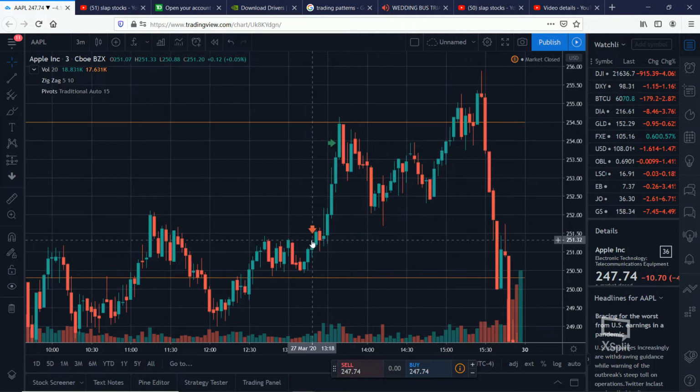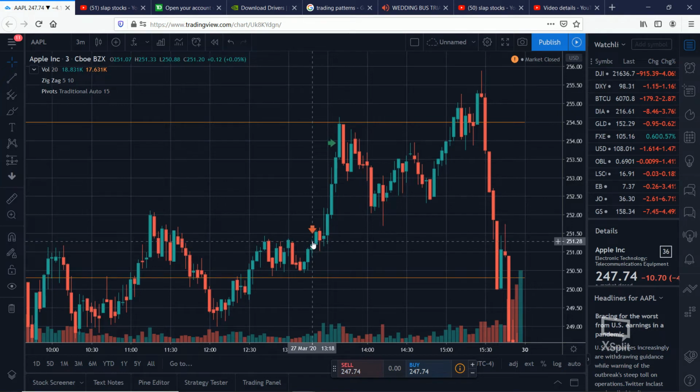I base my risk management off the charts. So if I see that we buy here and I see Apple go below support, which is this line, and I see it fall here, I would sell because it broke the support that I originally had for it, and it would hit my discomfort level or my discomfort zone.